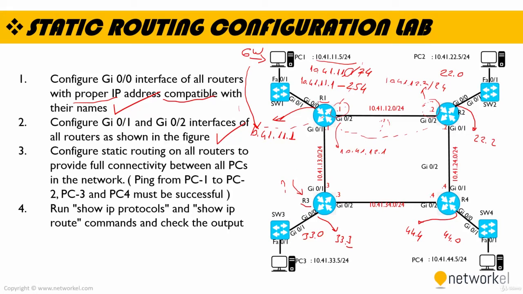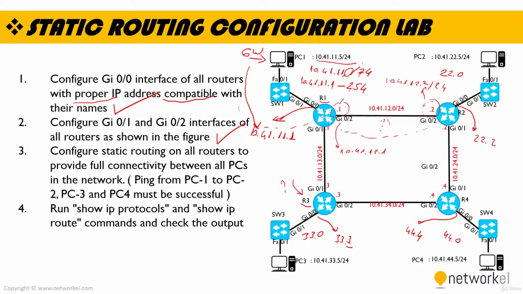And for router 1, which networks should I teach to router 1? And where should I send the packet? First, I need to define this. Then I'm going to write the static routing commands to the routers.